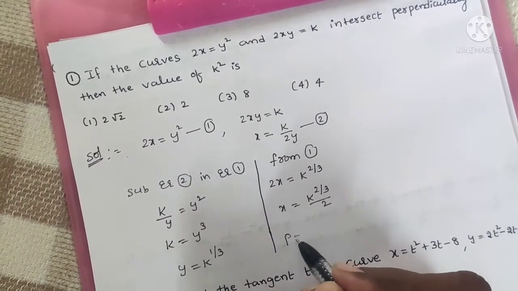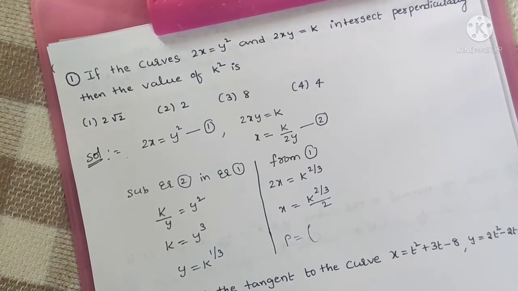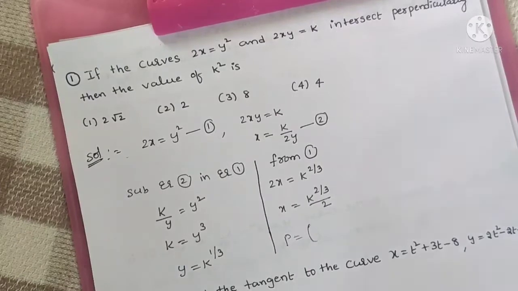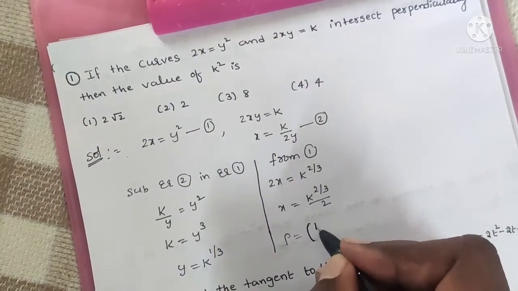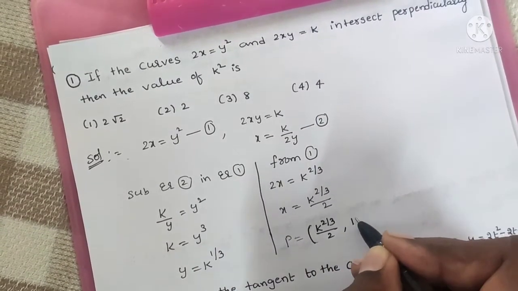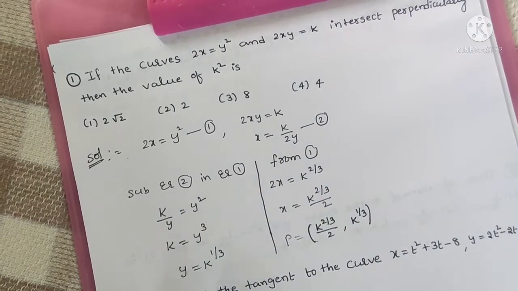Therefore the point P is (k power 2 by 3 by 2, k power 1 by 3). So from this we got the point.